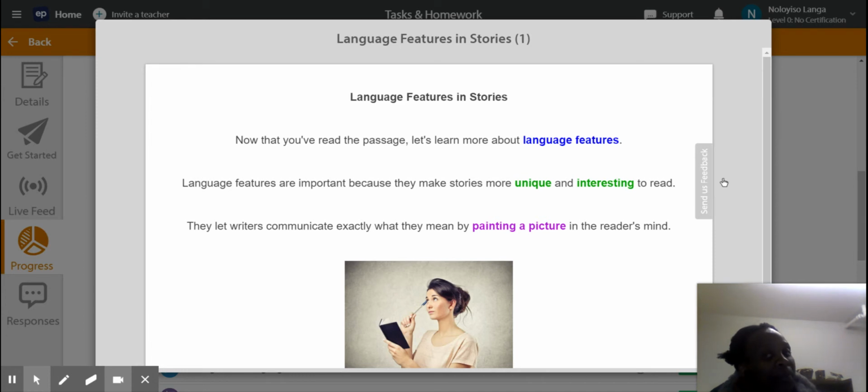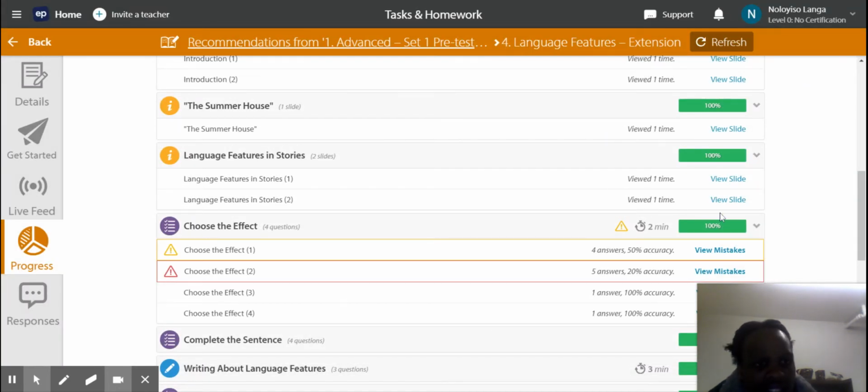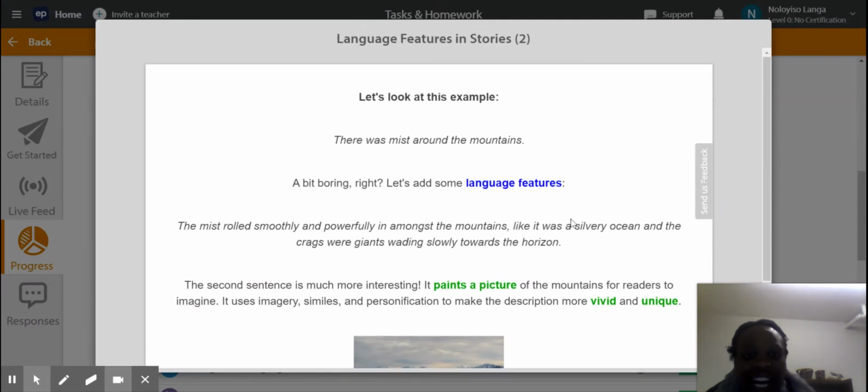The extract here used a lot of similes and a lot of metaphors, and in the next slide, it speaks about how writing can be boring if you say it as it is, but if you use: the mist rolled smoothly and powerfully in amongst the mountains, like it was a silvery ocean, and the crags were giants wading slowly towards the horizon.